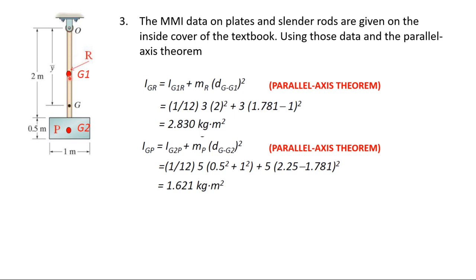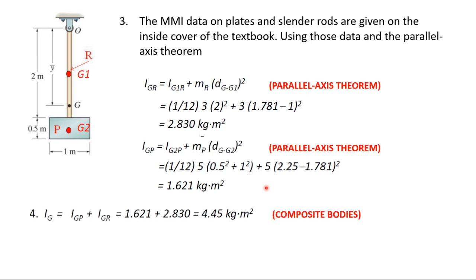We're going to find this distance and then square it. It doesn't matter if it's negative or positive because it's going to be squared anyway. So we'll find that the I G P is going to be equal to 1.62 kilogram meter square.